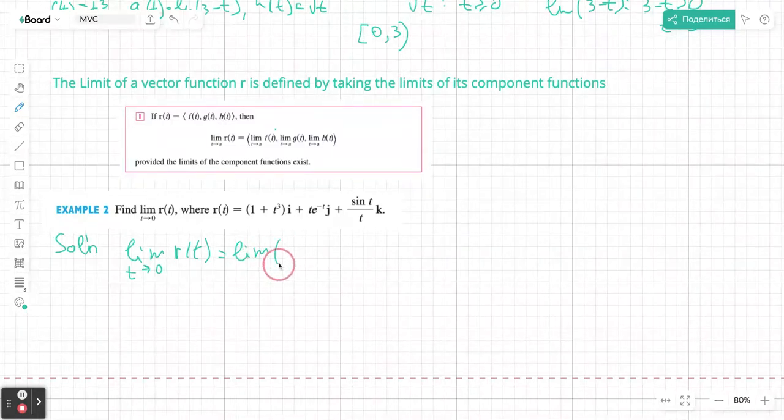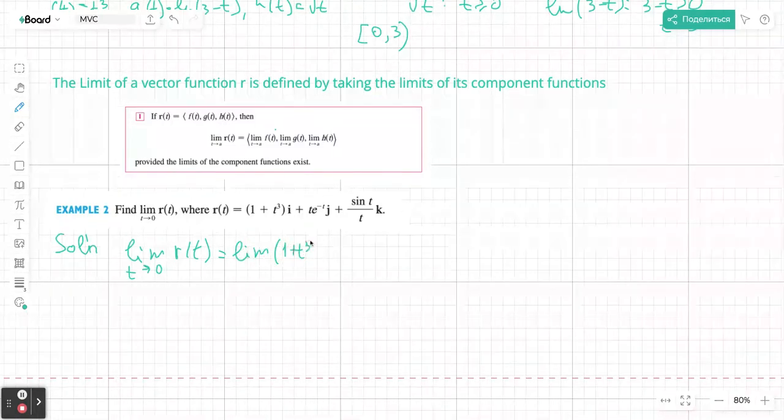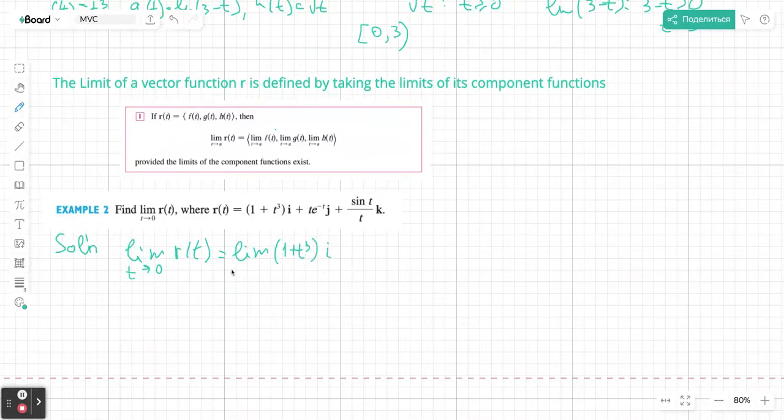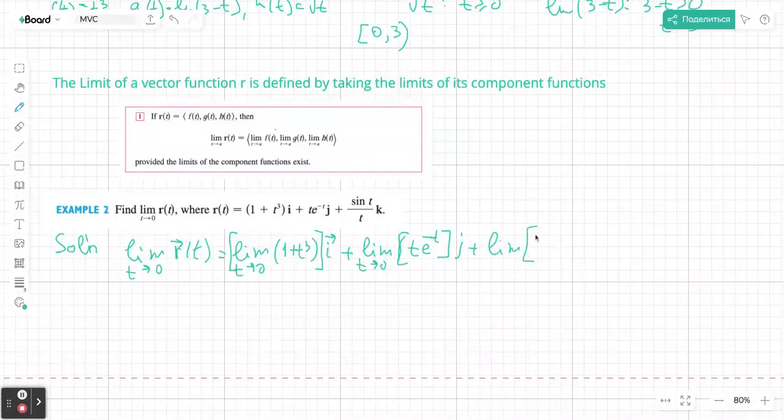So the limit of 1 plus t cubed, times i, when t approaches 0. And I'm going to put this into brackets. i is a vector, r is a vector, plus the limit of t e to the negative t, times j, as t approaches 0, plus the limit of sine t over t, times k.